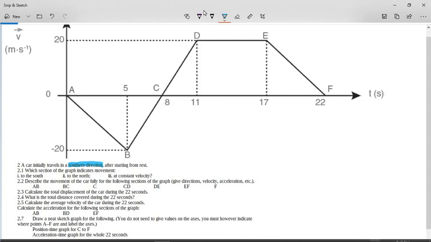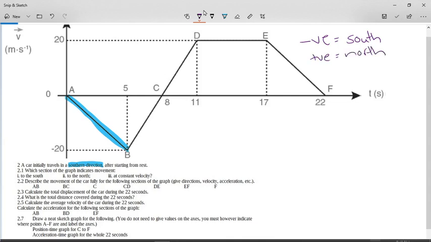It says the car is traveling south, and the very first part of this graph from A to B, you can see it has a negative slope. So if the graph is negative and it's going south, that must mean the positive is going to be north.